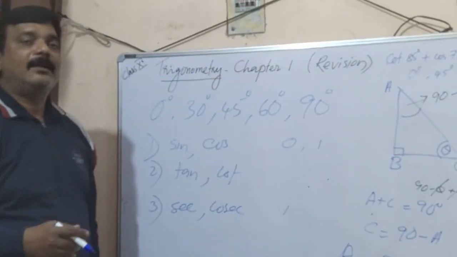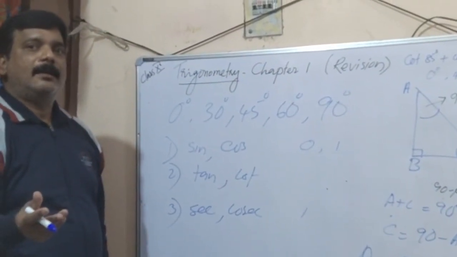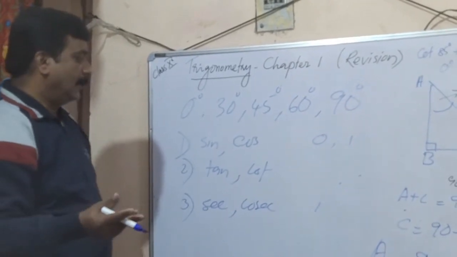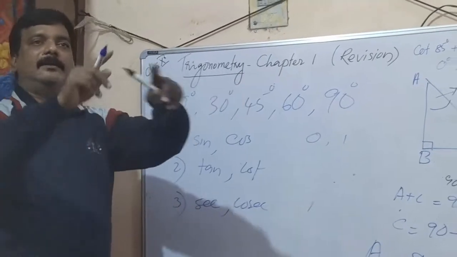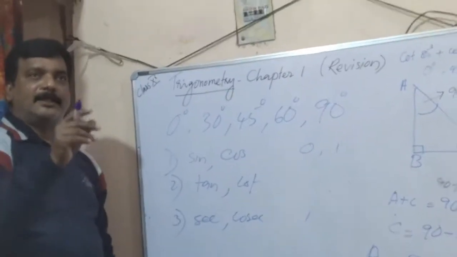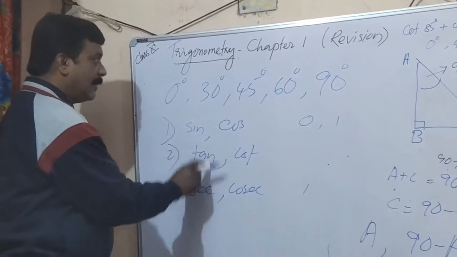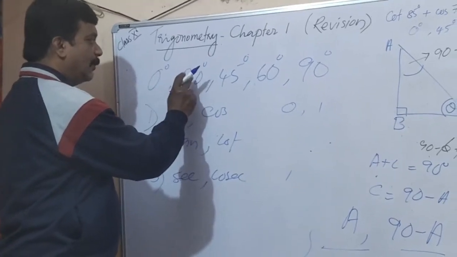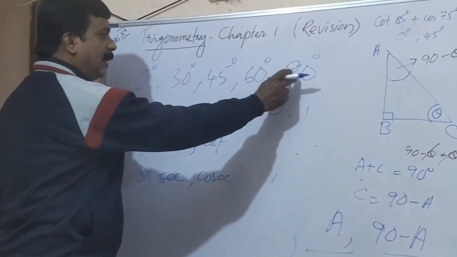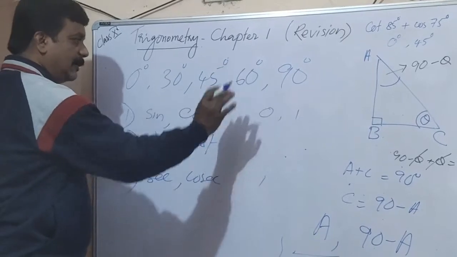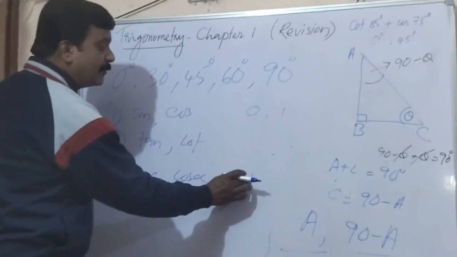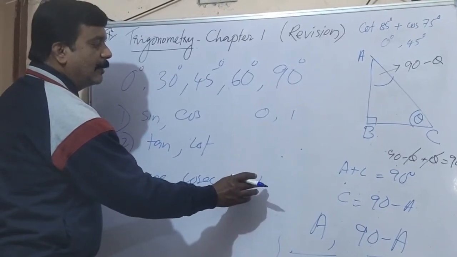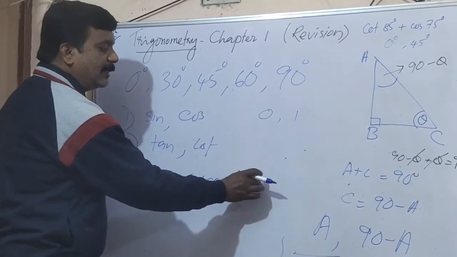You can see the table. Trigonometry table, look at the table. Sec 0 degree or 30 degree, 45 degree, 60 degree, 90 degree, or cosec of all these things. It will exceed 1. It has no restrictions like that.